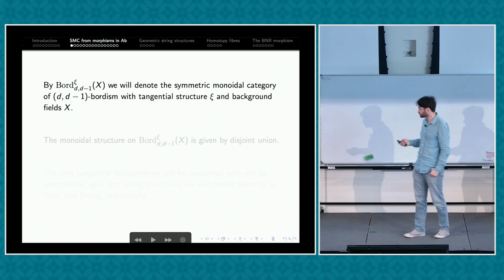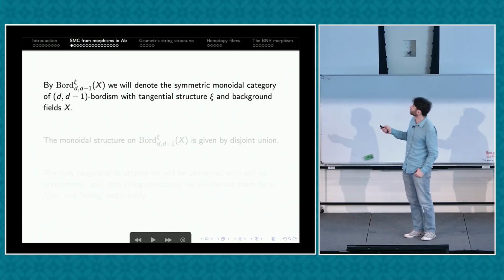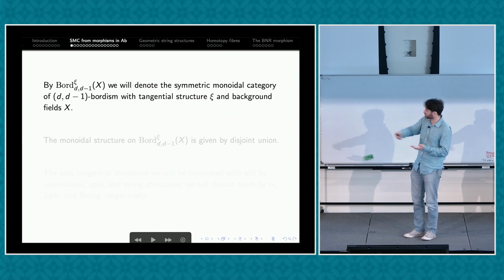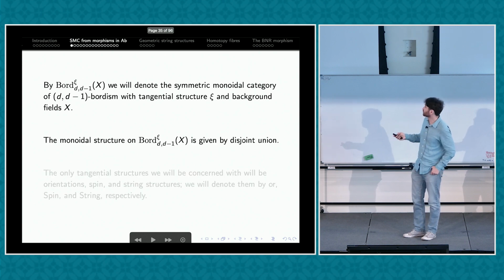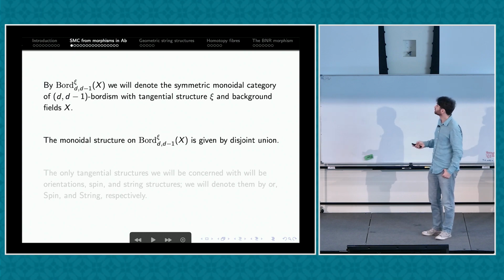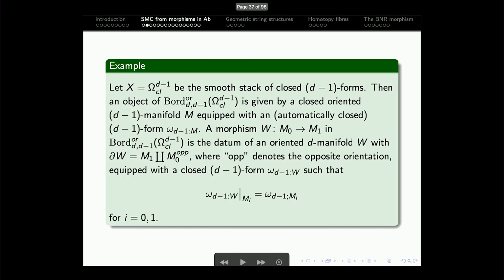Okay, so I want to think of this as a category. (d-1)-manifolds are objects, d-manifolds are the morphisms, they are the bordisms. The monoidal product is just disjoint union. And this is a basic example, which I will come back to several times. I take as X closed (d-1)-forms.